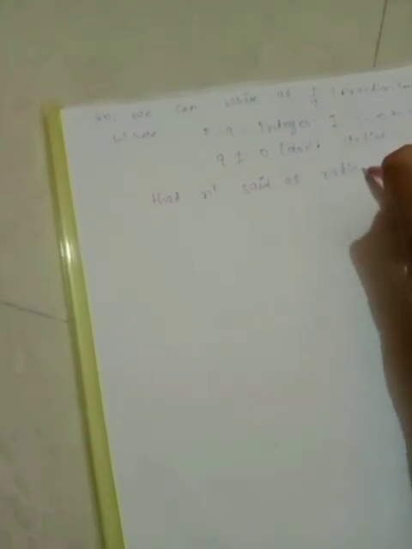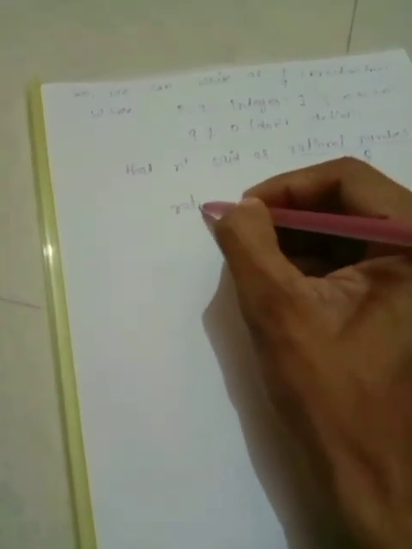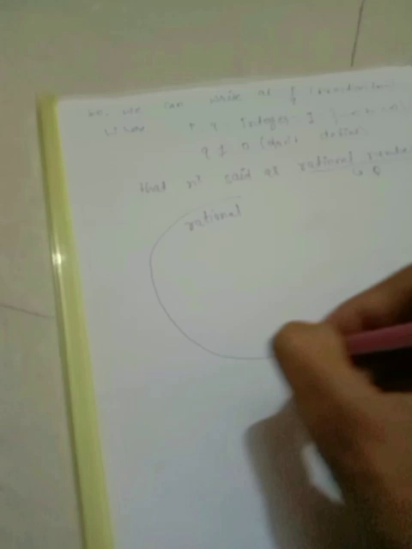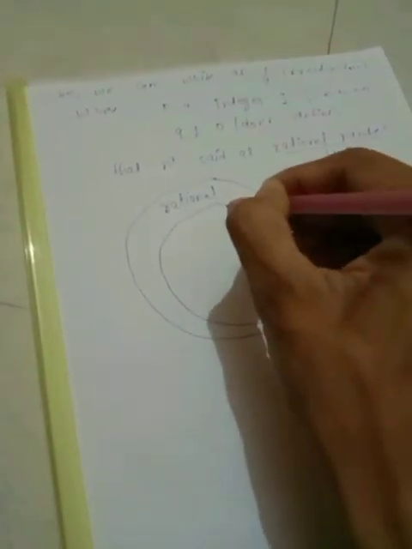Then the number can be said to be a rational number, and a rational number is denoted as capital Q. This is the collection of rational numbers. The collection of rational numbers has 3 types.